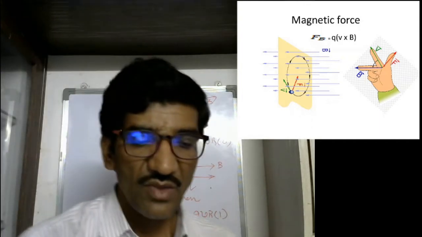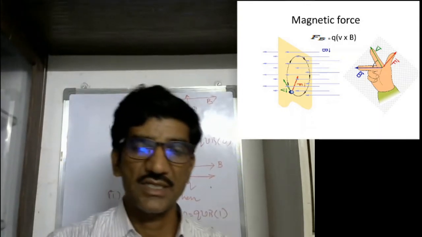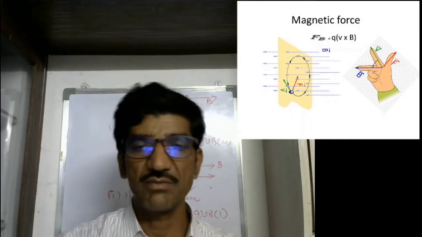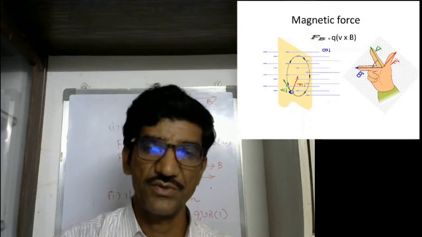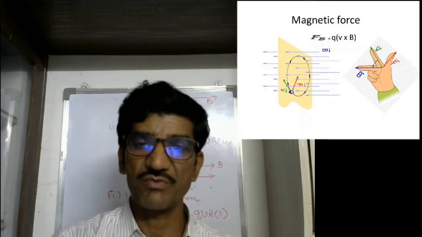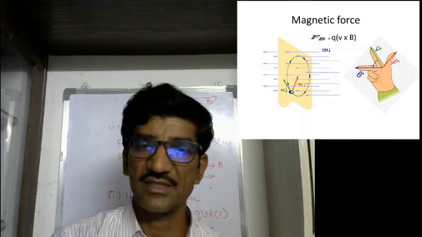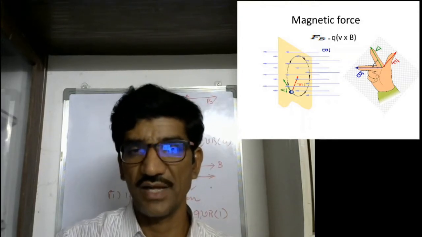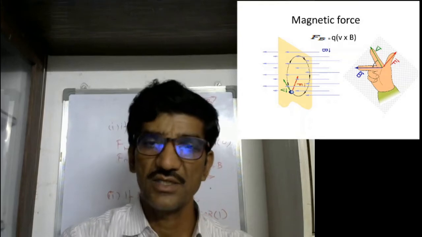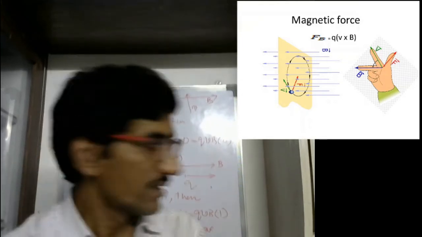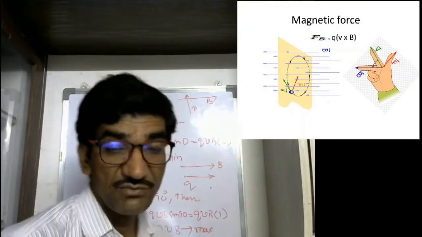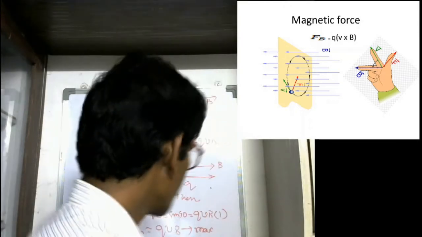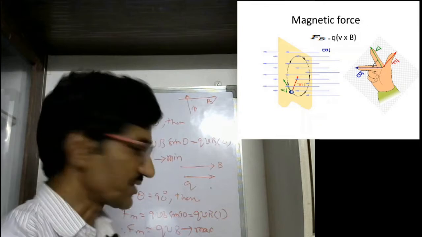Whenever the particle moves in the direction of the magnetic field, you have minimum magnetic force, that is 0. Whenever the particle moves perpendicular to the external magnetic field, the maximum force is applied on the charged particle. This information can be extracted from the magnetic force equation.